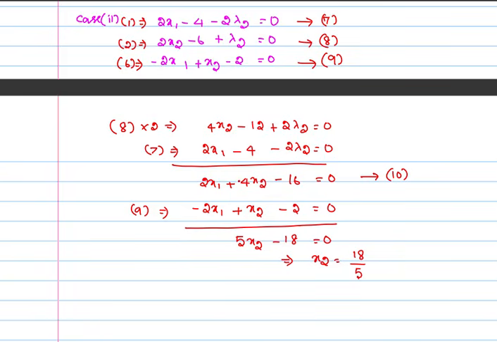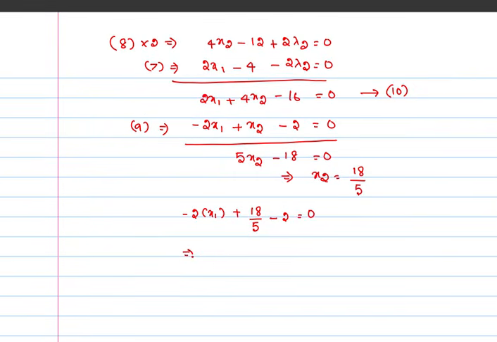You substitute into any one of the equations, so the 9th equation can be applied directly: minus 2 times x1 plus 18 divided by 5 minus 2 equal to 0.